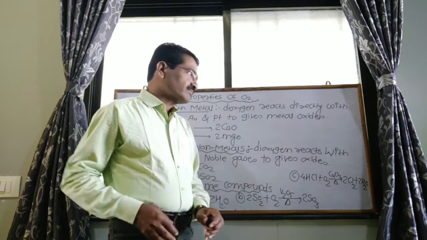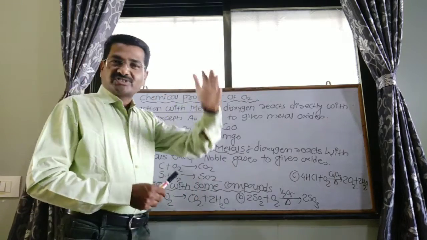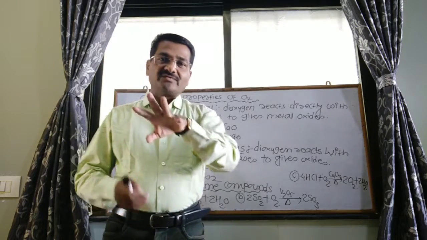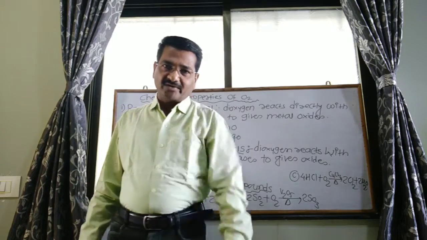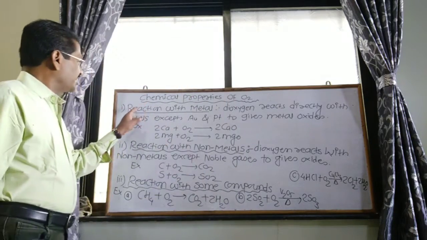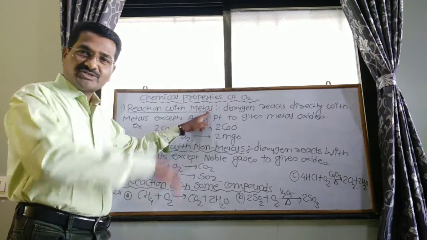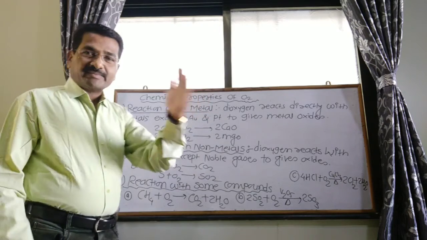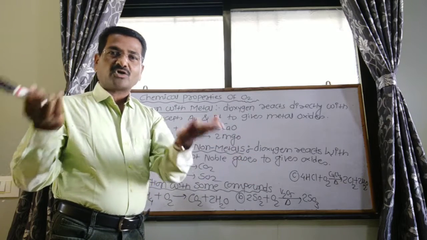So in this class, see the chemical properties of dioxygen. How oxygen reacts with other compounds is called its chemical properties. What are the reactions of dioxygen? First, reaction with metals. What are metals? Those elements that can lose electrons are called metals.